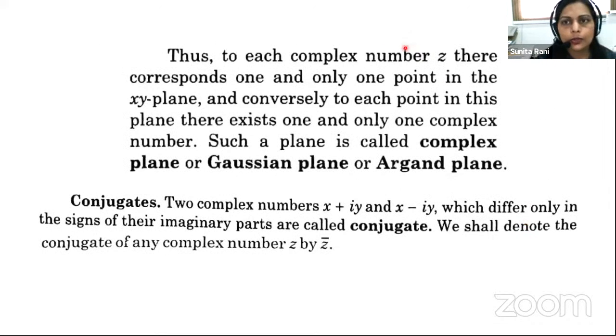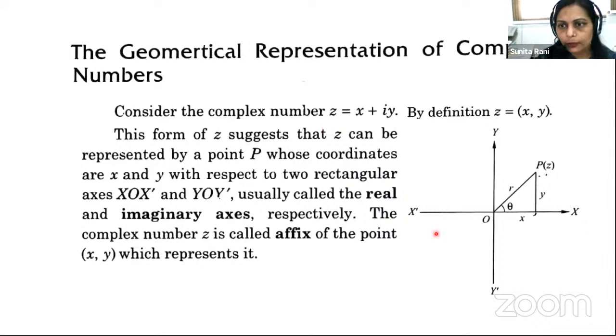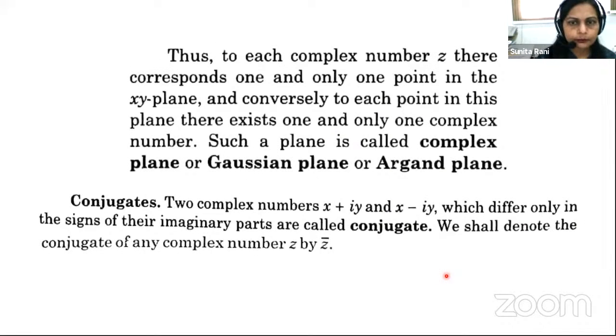To each complex number, there corresponds one and only one point in the xy plane, and for each point in this plane, there exists only one complex number z. If you have this type of plane, then such a plane is called a complex plane, or you can say it is a Gaussian plane or Argand plane also. So, this is the geometrical interpretation of a complex number, how to represent a complex number geometrically.